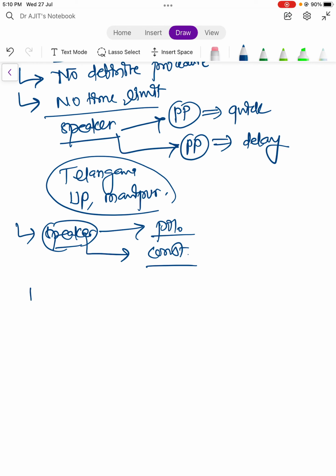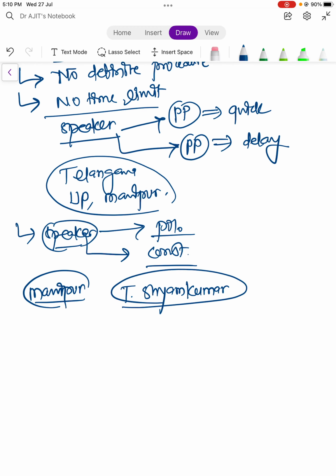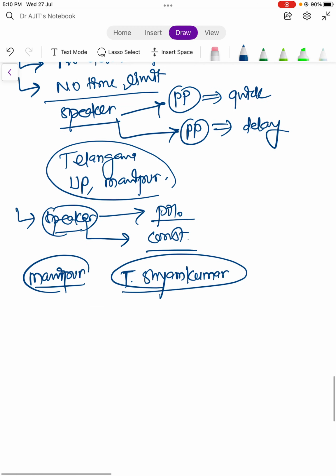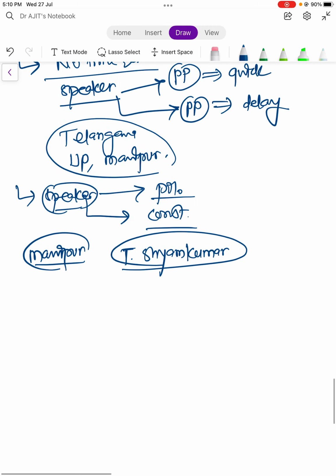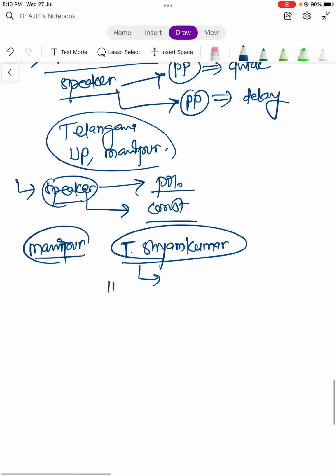So we'll see the example of Manipur. In Manipur, there was a member called Shyam Kumar. He got elected from the Indian National Congress, but before swearing in the assembly, he joined BJP. From INC, he joined BJP.